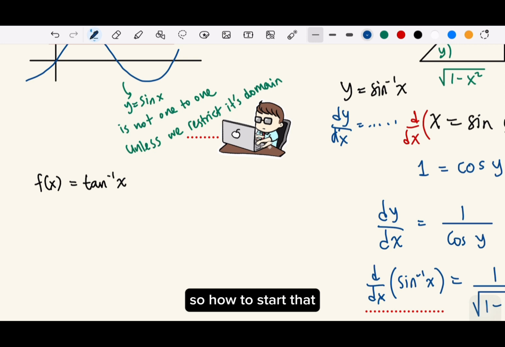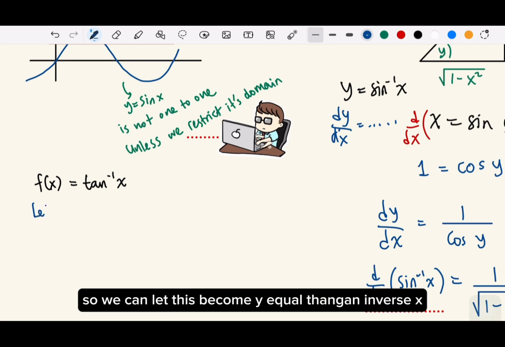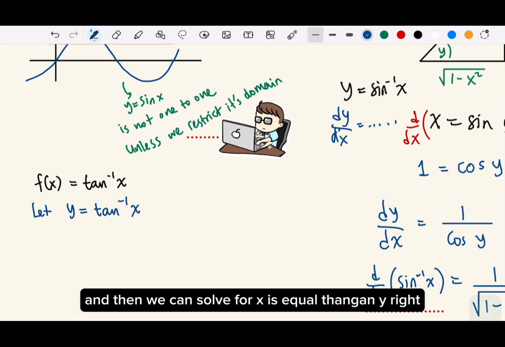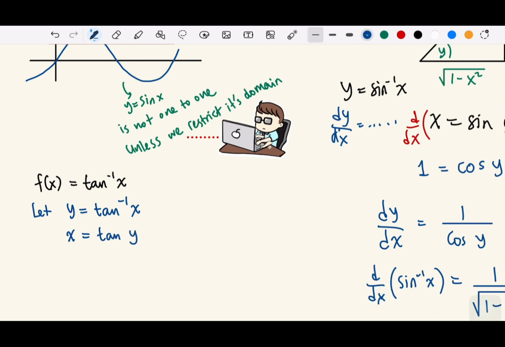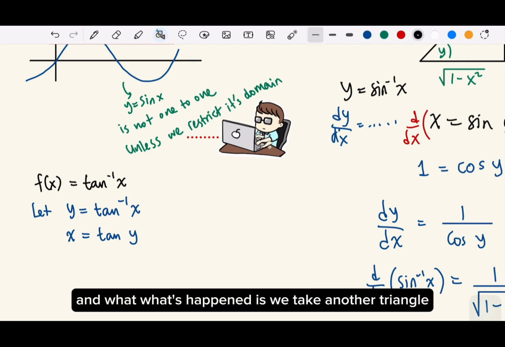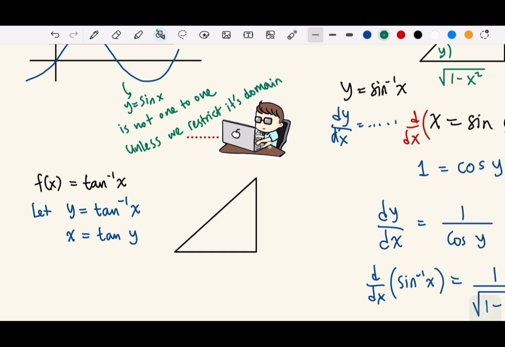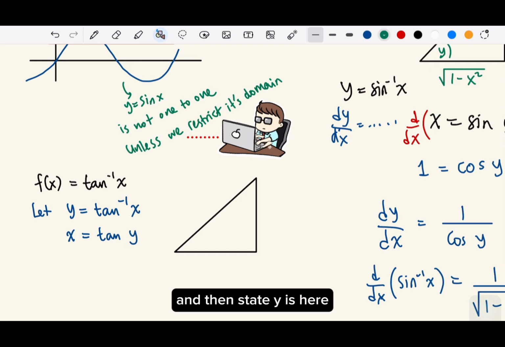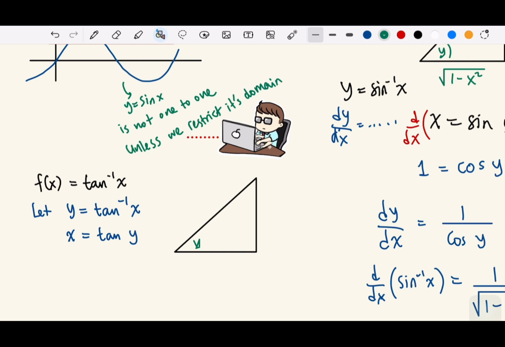So how to start? We can let y equal tangent inverse x, and then we can solve for x equals tangent y, right? And then we take another triangle and state y is here. So now we have the tangent.